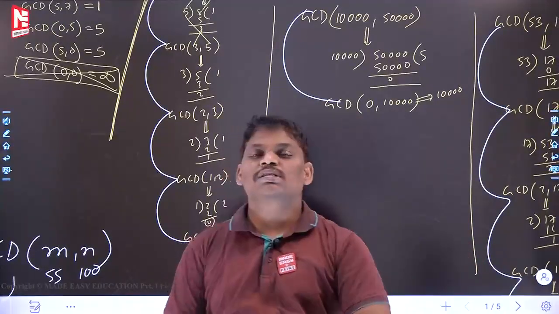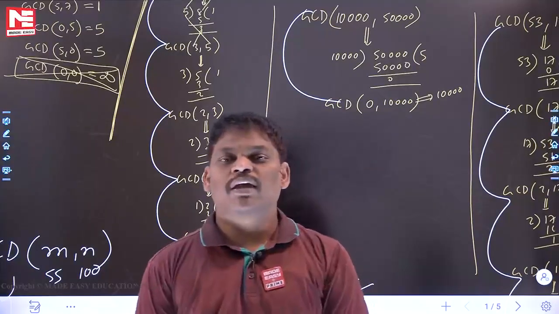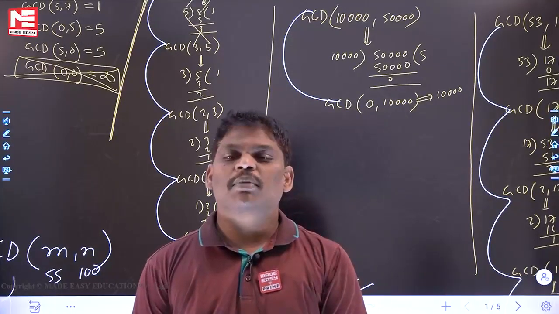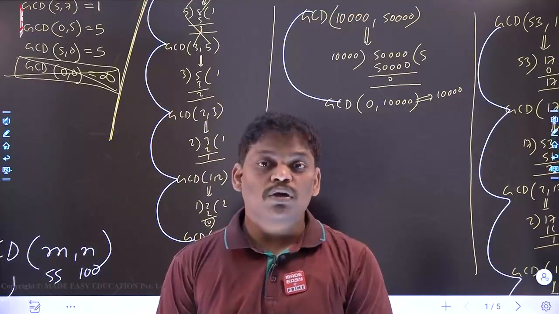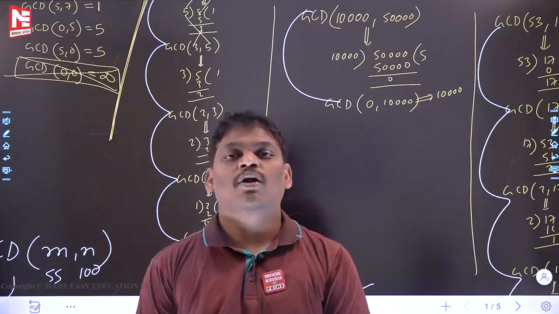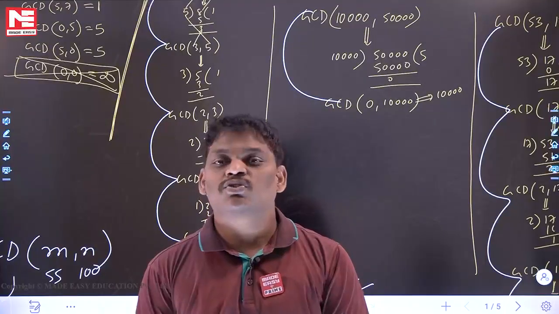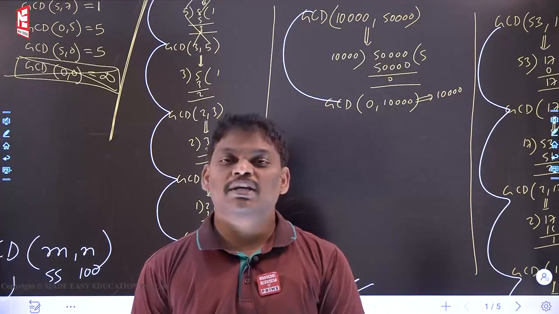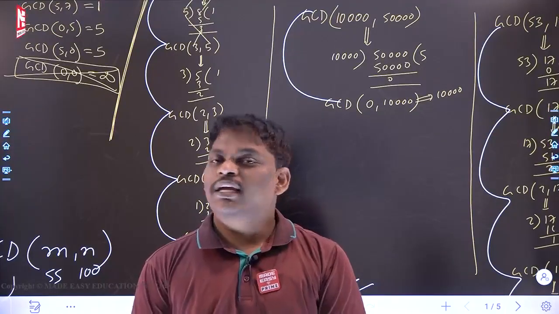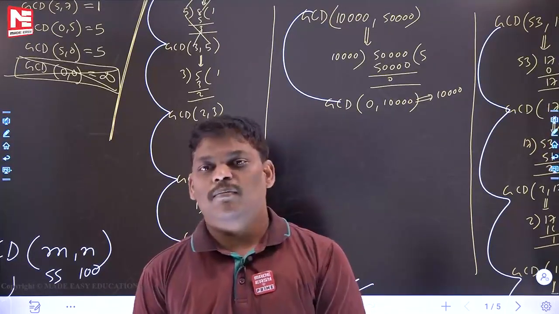Again I am asking you, GCD of m comma n time complexity where n is bigger. What is the answer? Because you are always dividing, log will come. This is the only thing I am saying: always dividing, log will come. If you always do minus 2, n by 2 will come. In the previous problem, always minus 2, n by 2. Here always dividing, log will come.